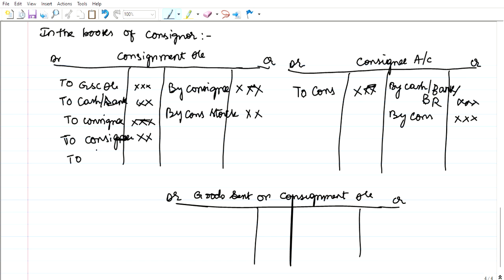One thing you have to remember is that if any loss occurs, you have to write it on the credit side. And that's it. So this is the closing of the consignment account.